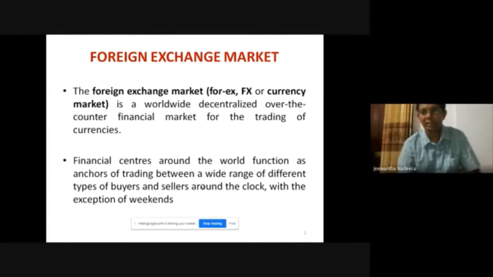For example, when you are exporting tea to Iran, Iran people don't know the currency LKR. They don't have LKR. So then we need to tell them this is the price of this much kilo of tea. So what is the currency in Iran?